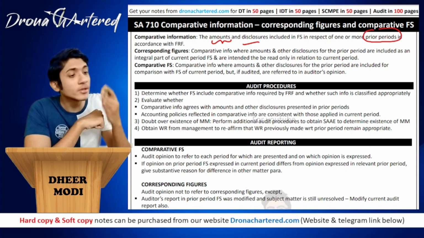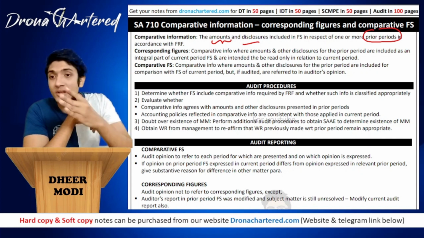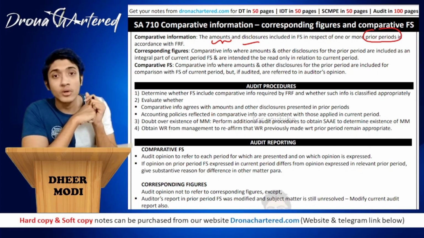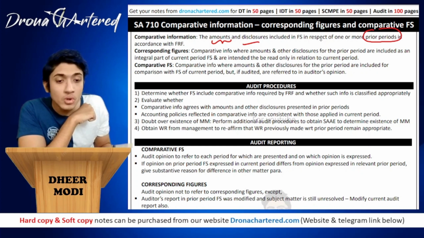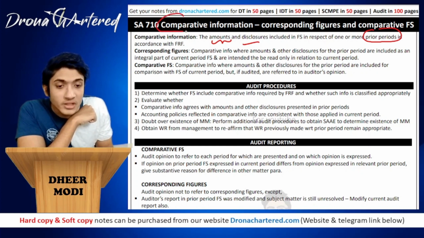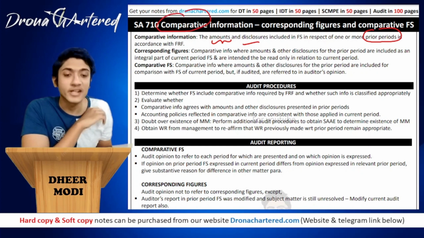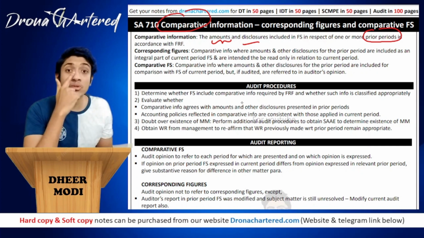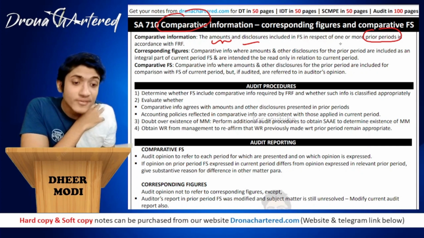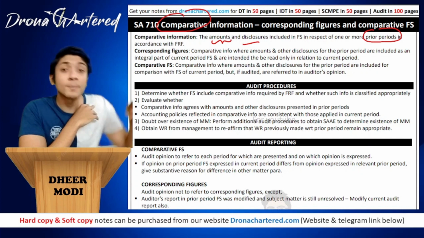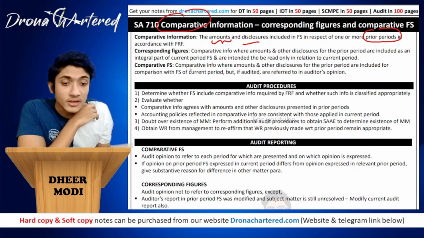Now, why is this important? So that people are able to understand what the figures were last year and what the figures are this year. People will be able to compare the information that we are providing in the financial statements. So these are amounts and disclosures both included in the financial statements in respect of one or more prior periods, that is your older periods, in accordance with your financial reporting framework.